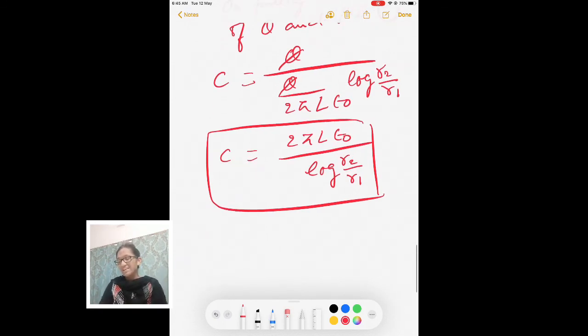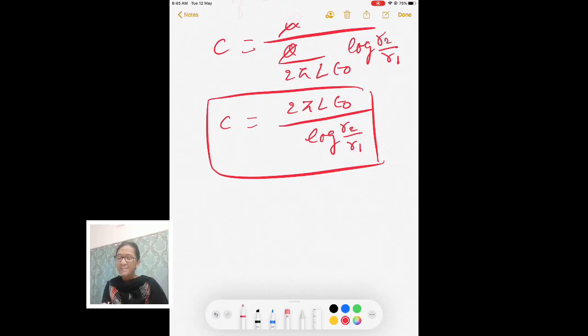You can see here, in this case also you can observe that it does not depend on charge. Charge is cancelled, potential is also cancelled. Now it depends on only R1 and R2, meaning dimensions. It depends on dimensions. It also depends on length, and it depends on the nature of the dielectric placed in between the two plates.